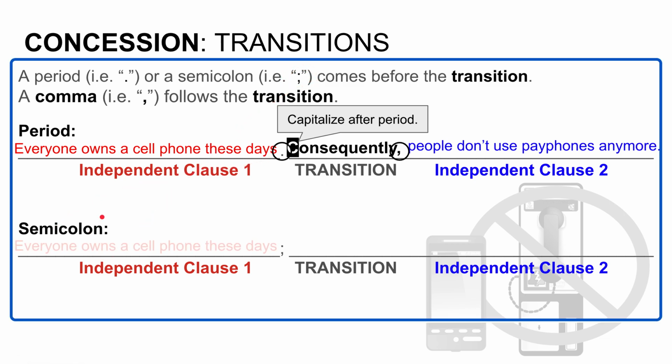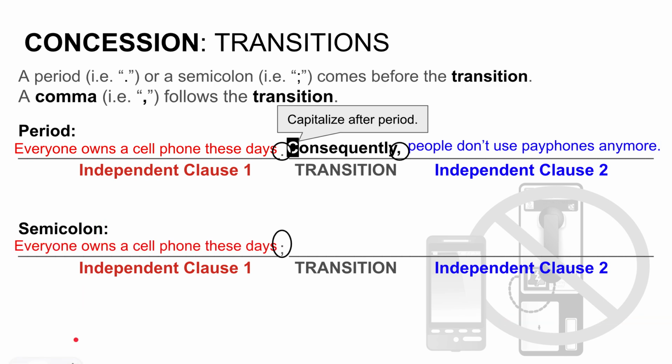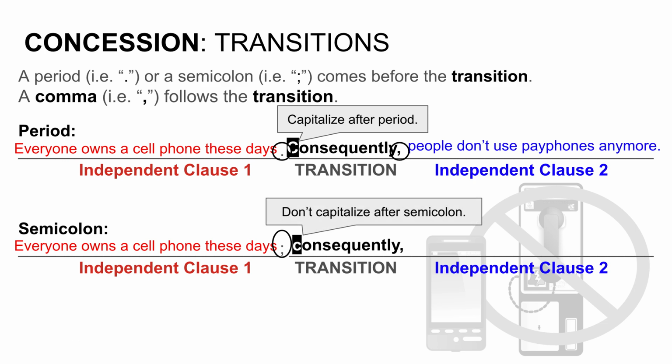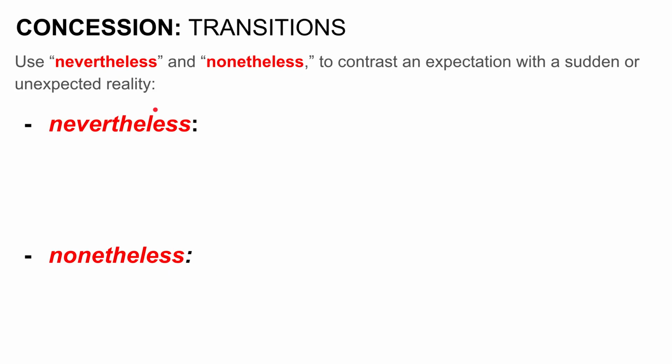So, for example, everyone owns a cell phone these days, semicolon. Consequently, don't capitalize after the semicolon, comma, people don't use payphones anymore. So very quickly, a period or a semicolon can come before the transition, and a comma must follow the transition.